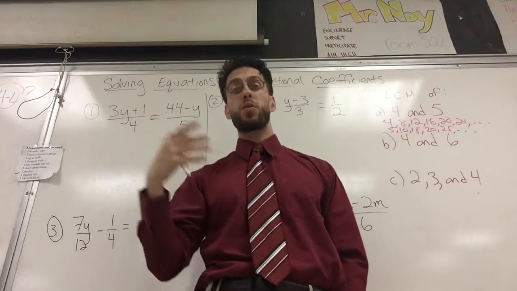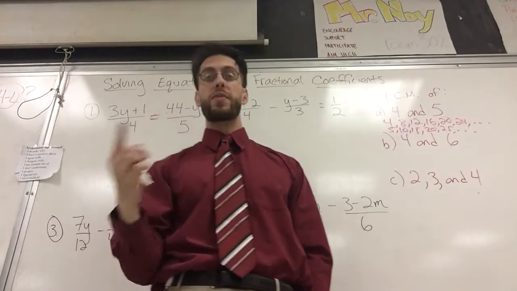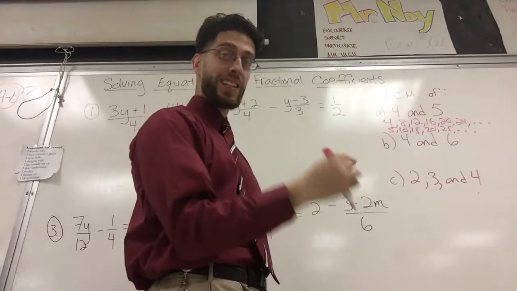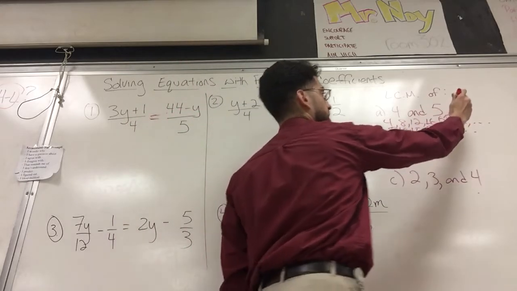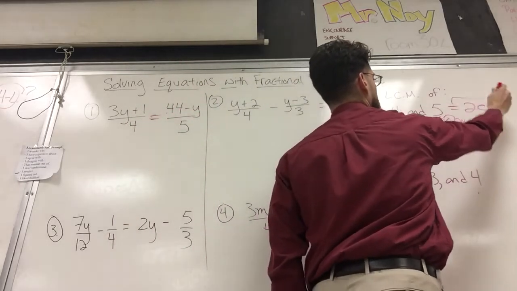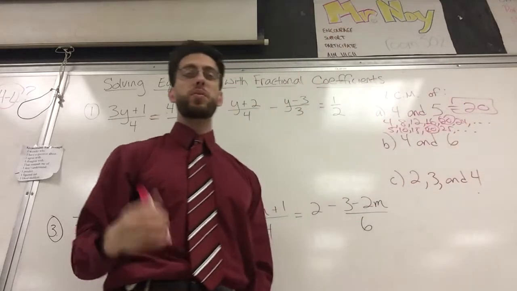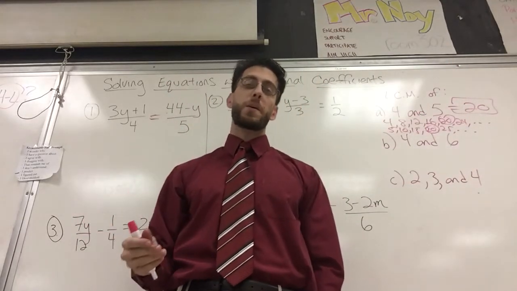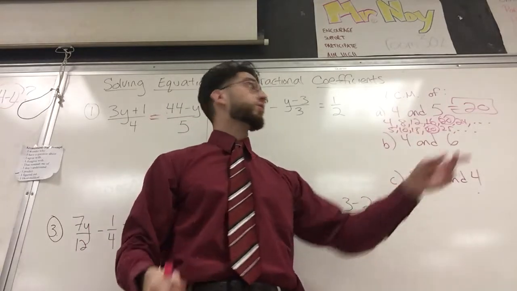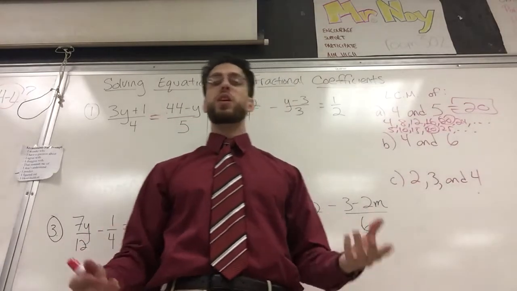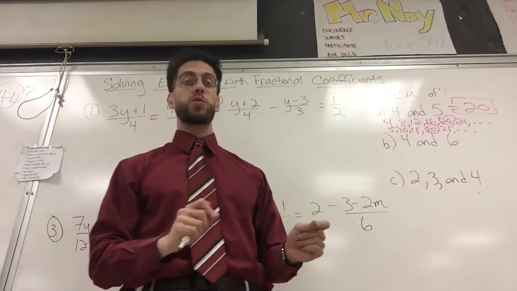The smallest number that they both go into, the smallest multiple that they have in common, the least common multiple, is right here, 20. It's relatively simple as long as you know how to count. The quickest way to do it is just take the 4 and the 5, multiply them together, and you also get 20. All right, so however you get it, 20 is the least common multiple.